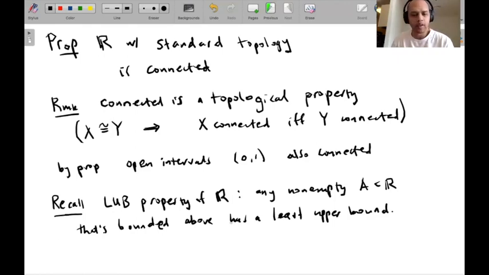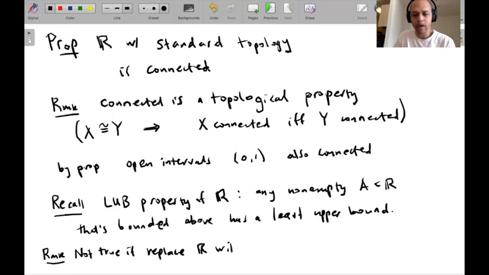This is a special property of R. Maybe I'll remark that this is not true if you replace R with the rational numbers.